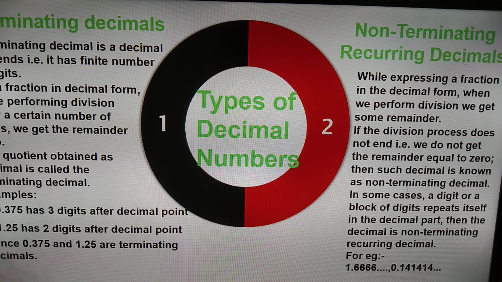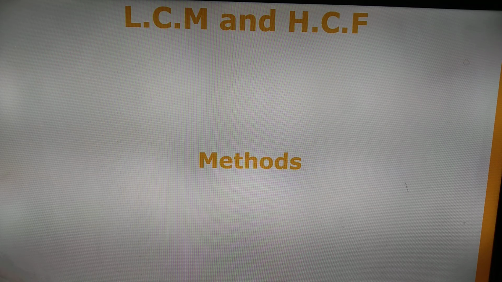In some cases, a digit or a block of digits repeats itself in the decimal part. Then the decimal is a non-terminating recurring decimal. Example: 1.666 and so on, 0.141414 and so on.